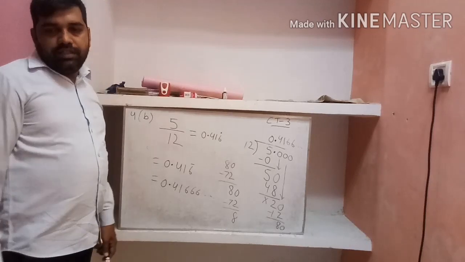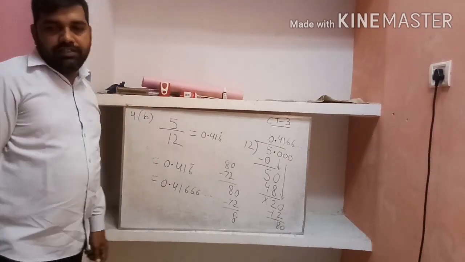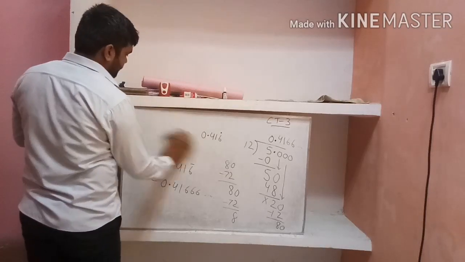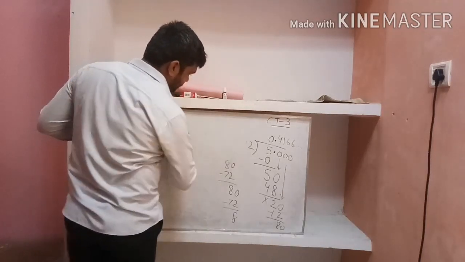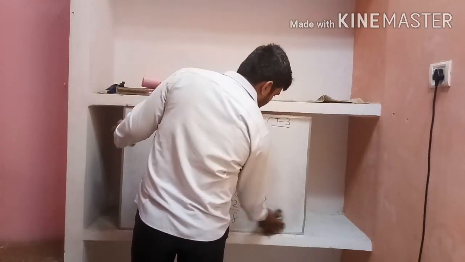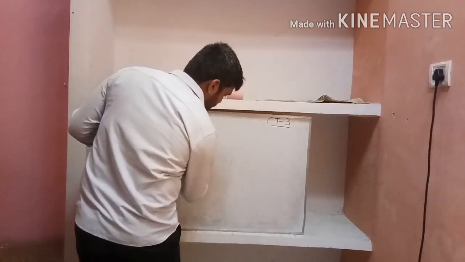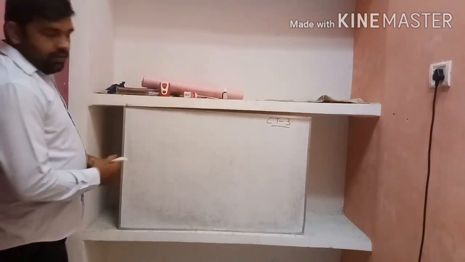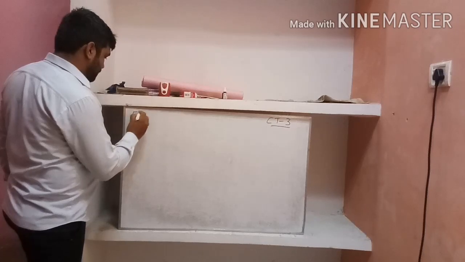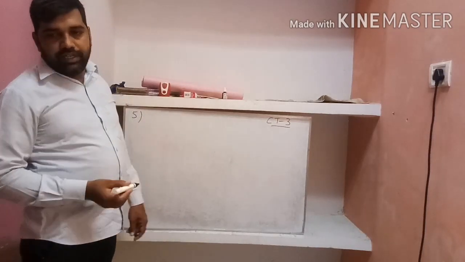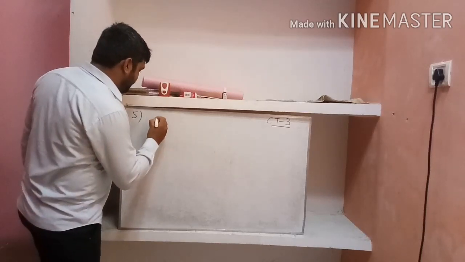Write the numbers in order from least to greatest. Least to greatest, that is smallest to largest. First is 0.55.